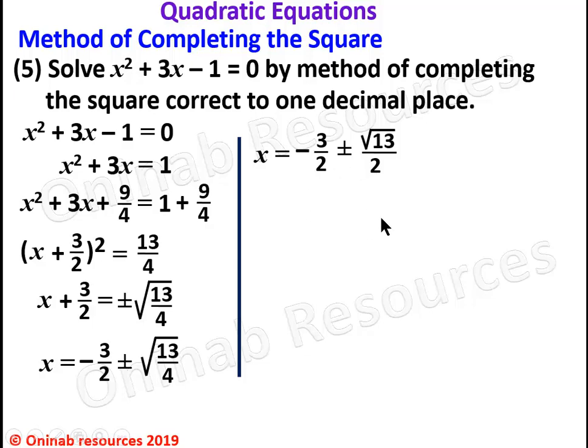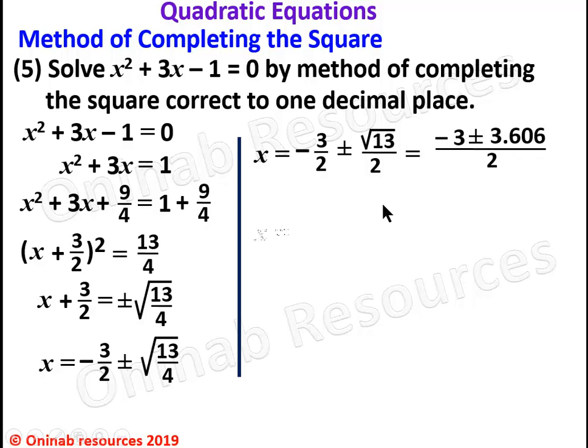So expanding this, since we are to leave our answer in decimal, we have it as negative 3 plus or minus square root of 13, which is 3.606, over 2. We are going to separate this plus and minus.